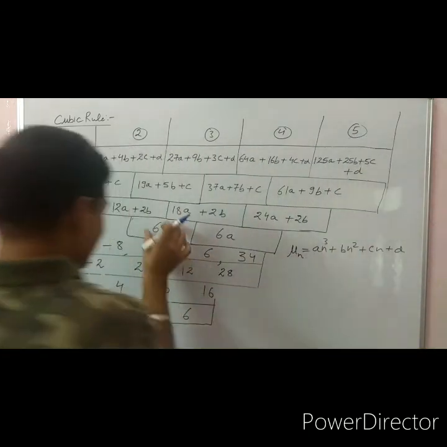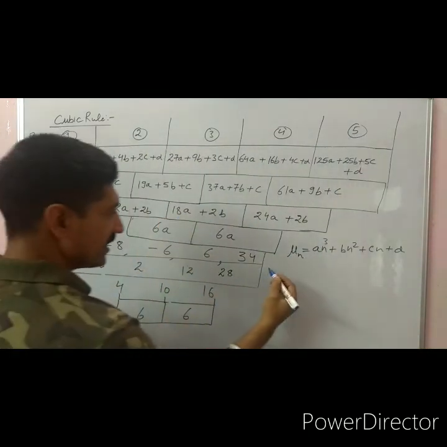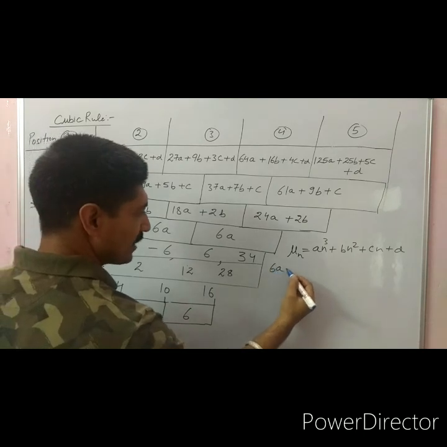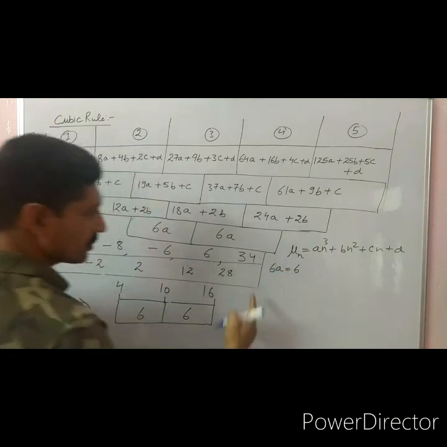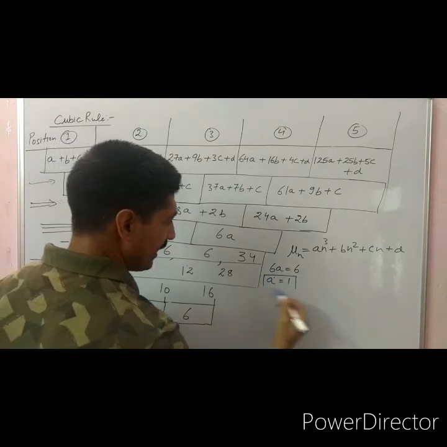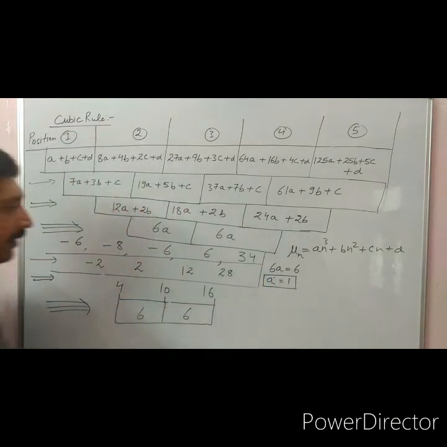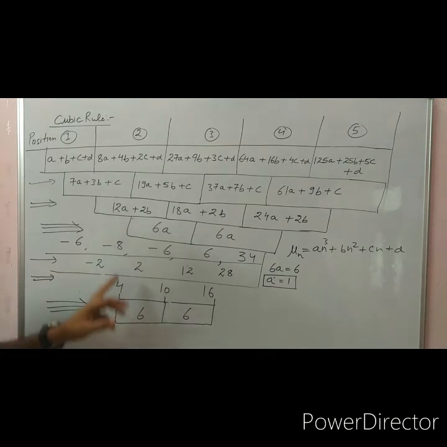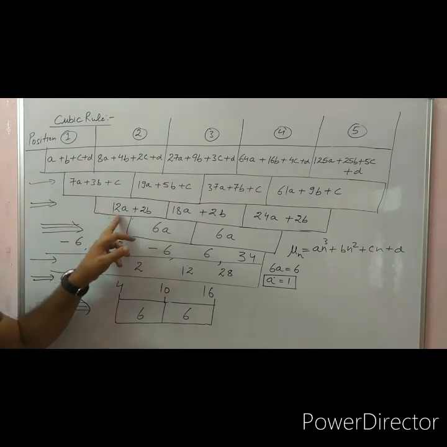So here 6a is equal to 6, so the value of a is 1. Now we have 12a plus 2b is equal to 4.